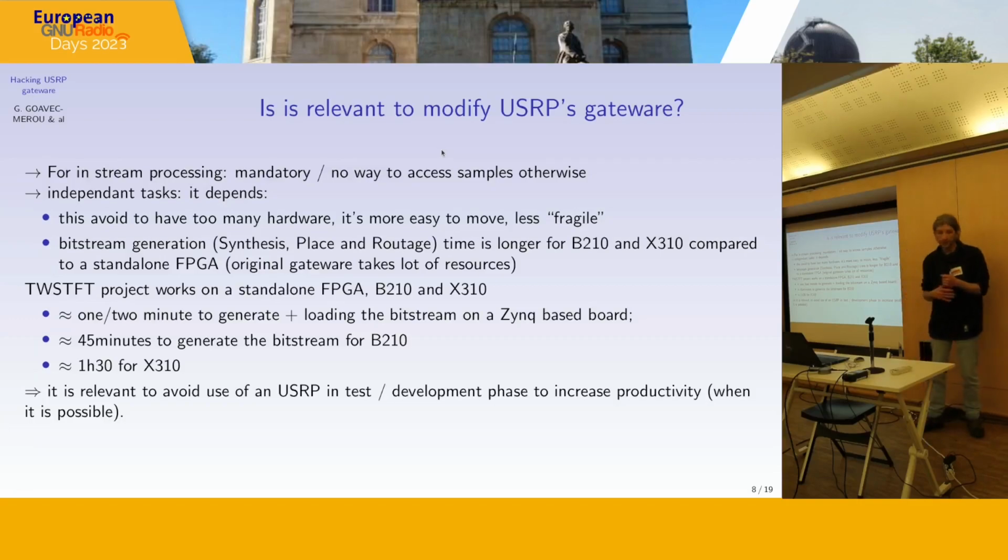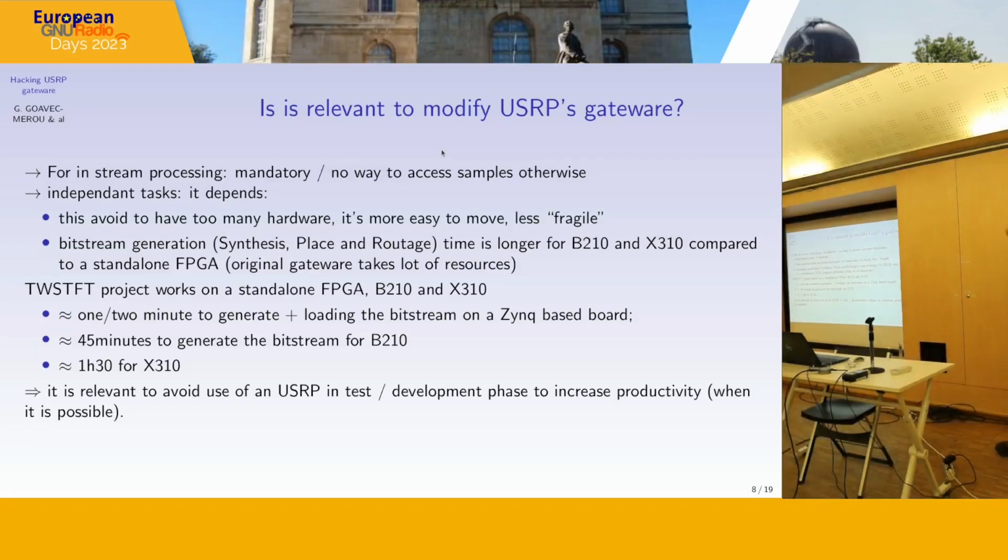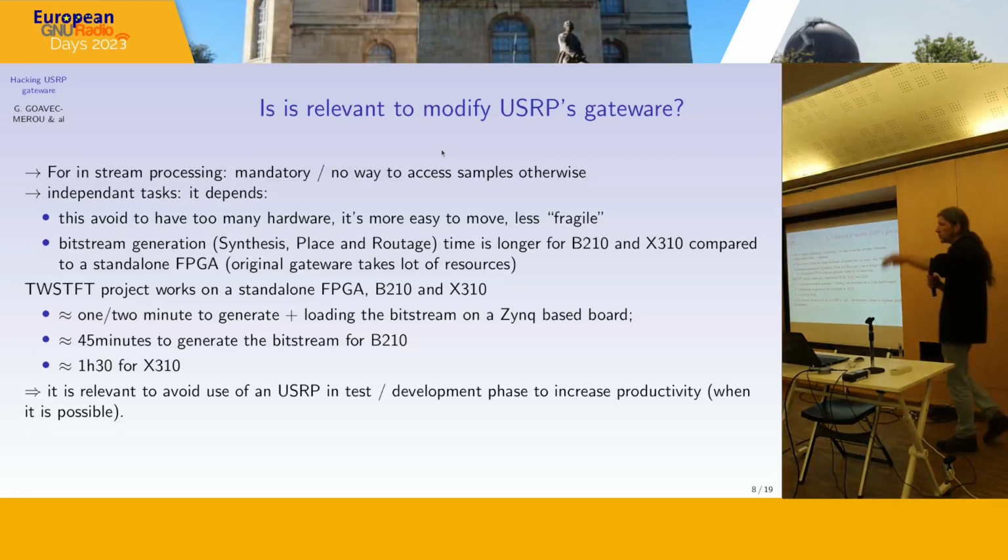For the Zynq board, the two-way time transfer gateware takes around 1 to 3 minutes to synthesize, place, route, generate the bitstream, and flash the bitstream. That's all. For a B210, it's around 45 minutes.